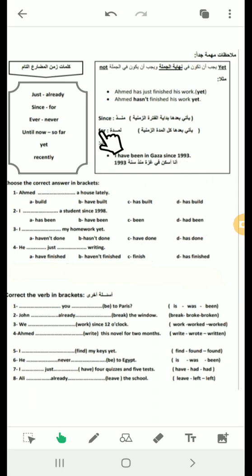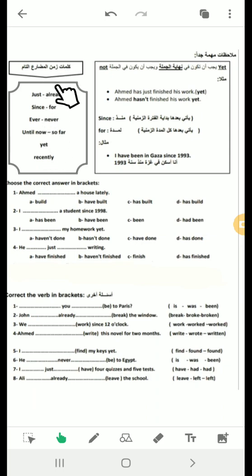But for 2 years or for 5 years, here for a period of time. After it comes the duration. So since at the end of the sentence and after it we use the point of time. But for at the end of the sentence and we use after it the period of time.